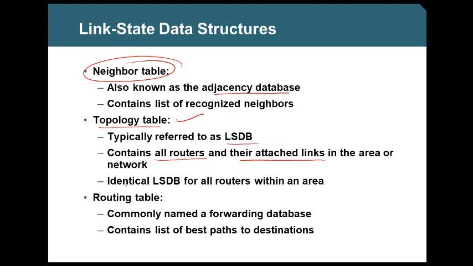Very important. Don't compare one router's LSDB in one area to another router's LSDB which is in another area. It won't match. But within an area, you can guarantee. Within an area, you will find an identical database.